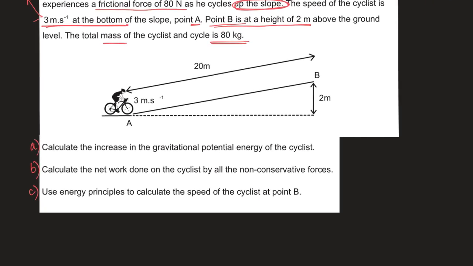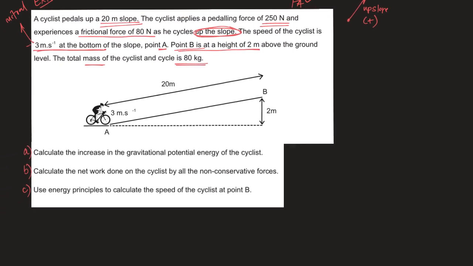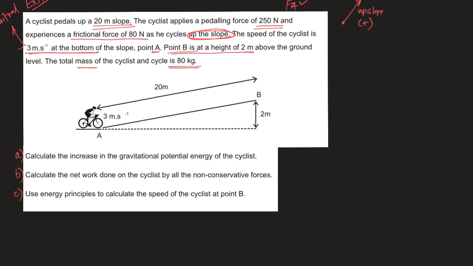So let's have a look at what information we do have. I've got delta x at 20 meters. I've got force applied equal to 250 newtons. Let's say up. I've got force of friction, which is equal to 80 newtons.